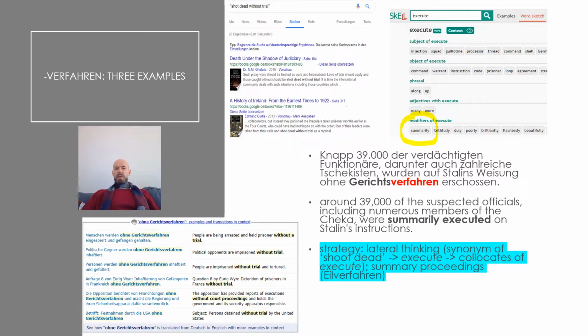It's the most frequent adverbial collocation of execute. It comes from summary proceedings, which is Eilverfahren. So in this kind of text, ohne Gerichtsverfahren erschossen would best be rendered by summarily executed, using the strategy I've just sketched.